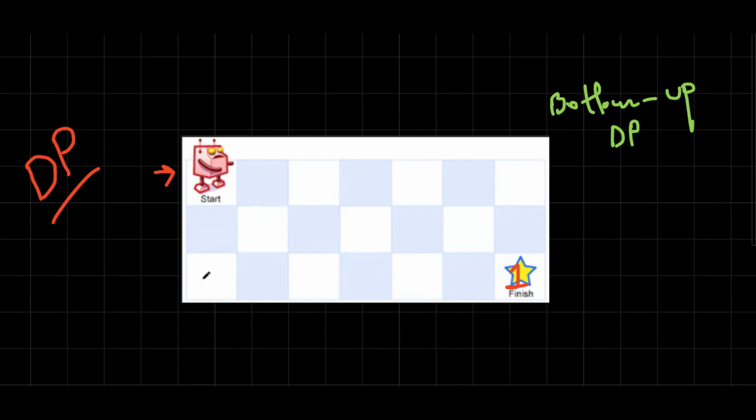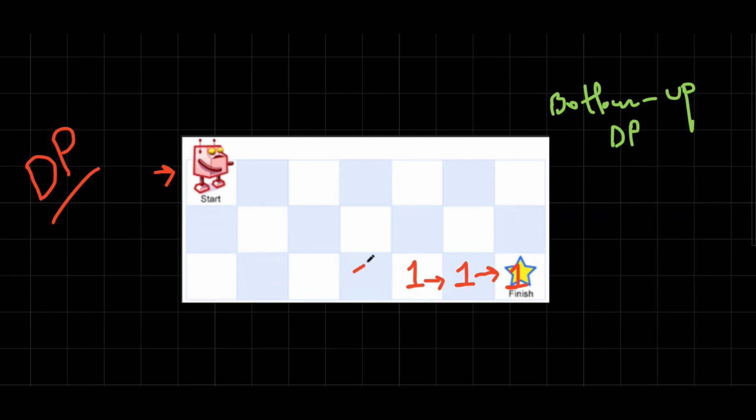Now, for the cells of this row and this column, there is only one possible way to reach the final node. So for this node, there is one possible way. That means the robot can move only in this direction. For this node, there is only one possible way. That means the robot can move in this direction.